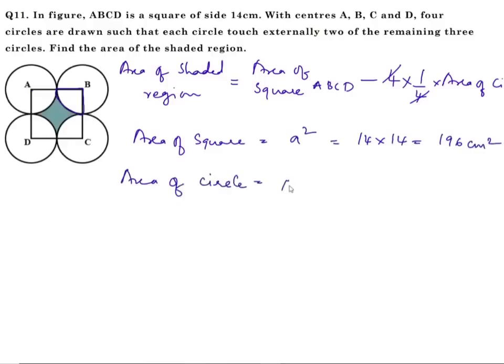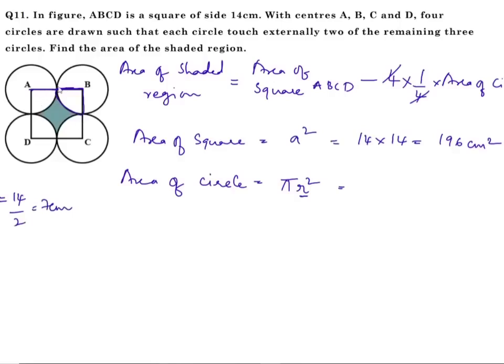Area of circle is pi r square. Repeat with me, area of circle is pi r square. What is the value of r now? Now you can check that AB is 14 centimeter. If you take half of that, we get the radius. Therefore radius equals 14 by 2, which is equal to 7 centimeter.